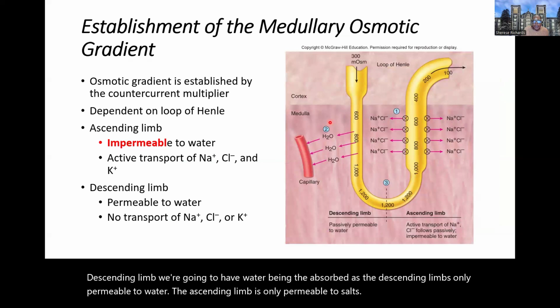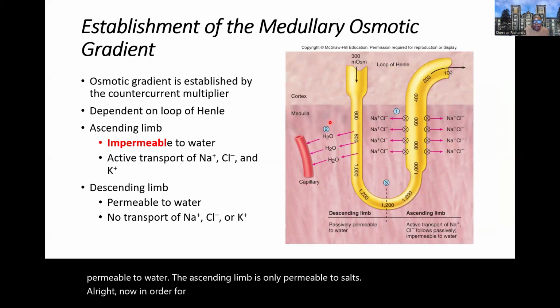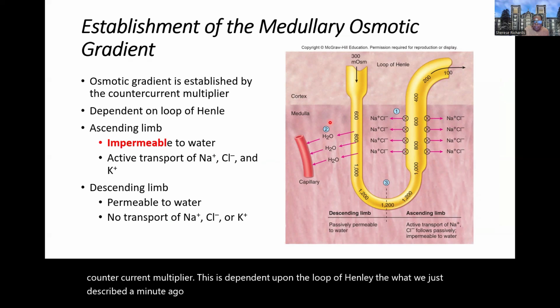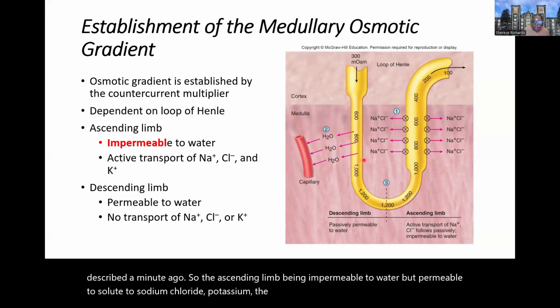All right. Now, in order for us to establish this osmotic gradient, we need to think about the countercurrent multiplier. This is dependent upon the loop of Henle, what we just described a minute ago. So the ascending limb is impermeable to water but permeable to solutes such as sodium chloride and potassium. The descending limb is impermeable to solutes but permeable to water.